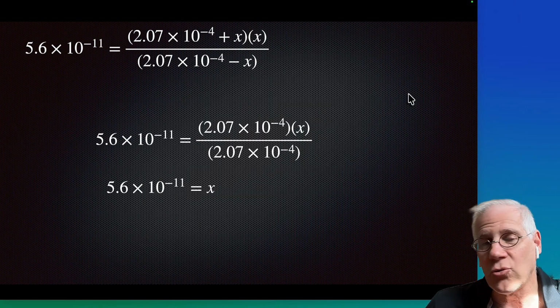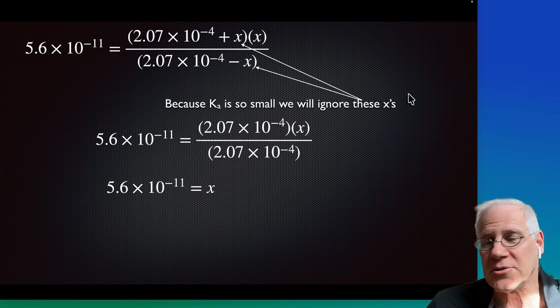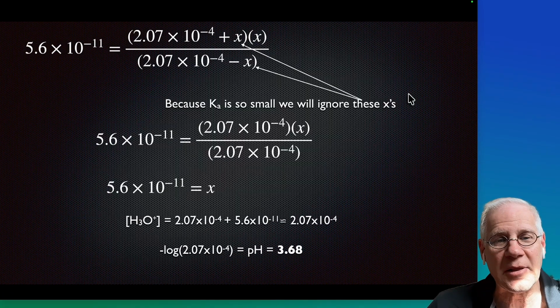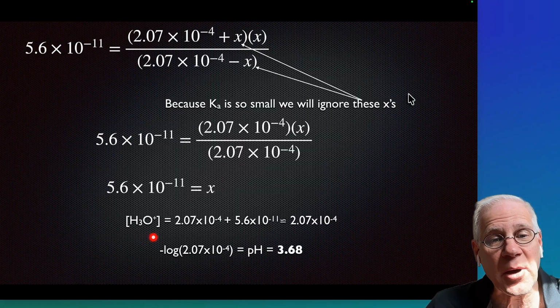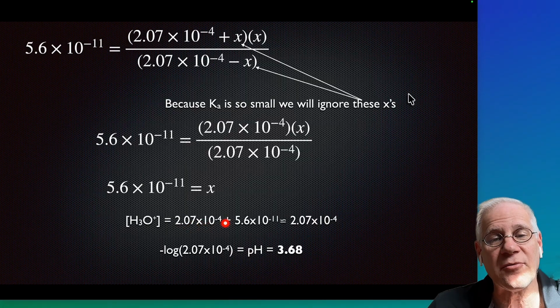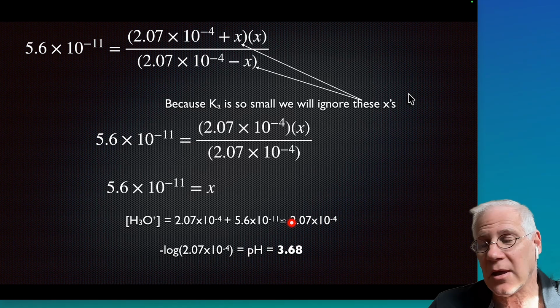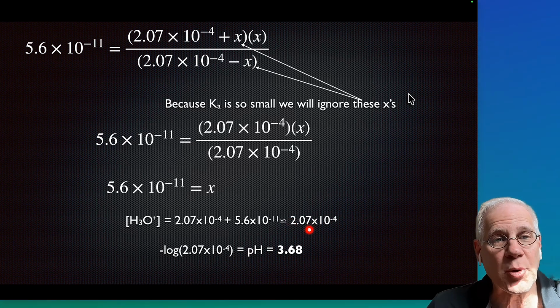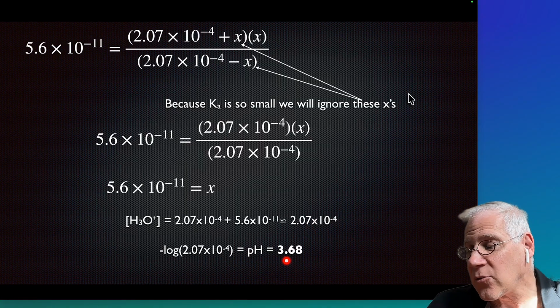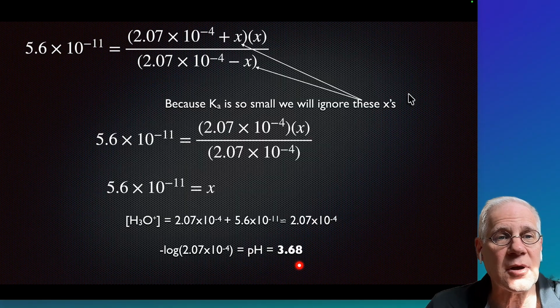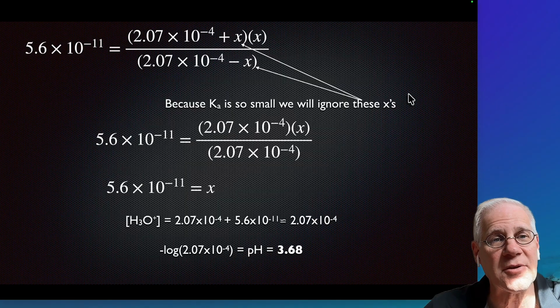If we add that to our new concentrations, the new hydronium ion concentration as we set it up in our icebox is 2.07 times 10 to the minus 4 plus our value for X, 5.6 times 10 to the minus 11. That is still essentially 2.07 times 10 to the minus 4. Within the significant figures allowed, it is exactly the same value, and we still get the exact same pH as after the first dissociation.